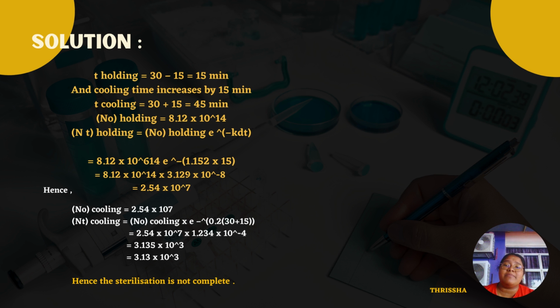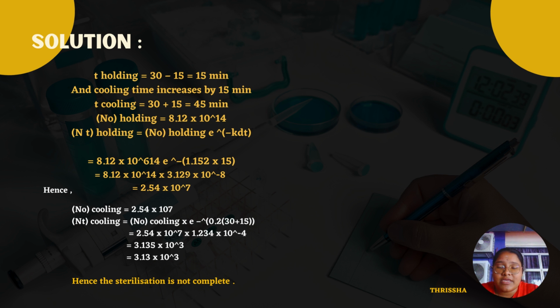Our function equation is NT holding equals N naught holding exponent negative KD t. NT holding is the present batch of cells, N naught holding is the initial batch of cells, negative KD is the thermal death kinetic rate constant, and time is our independent variable, which alters our dependent variable, NT holding.